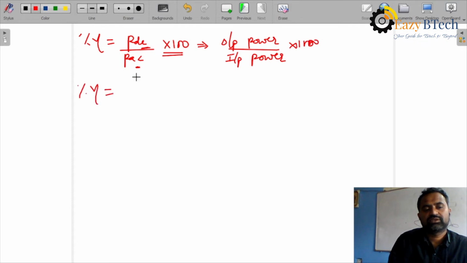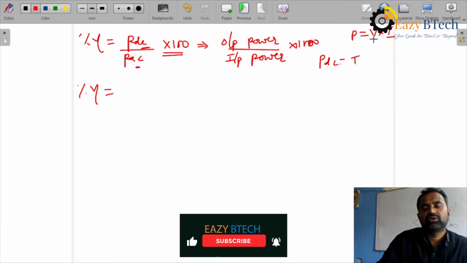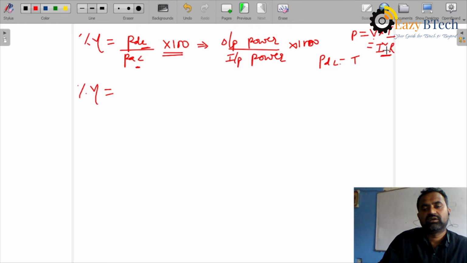Percentage of efficiency is equal to. Now we will write PDC. What is PDC? In terms of power, P is equal to V into I. We write voltage in terms of current, that is I square R, since V is equal to IR.